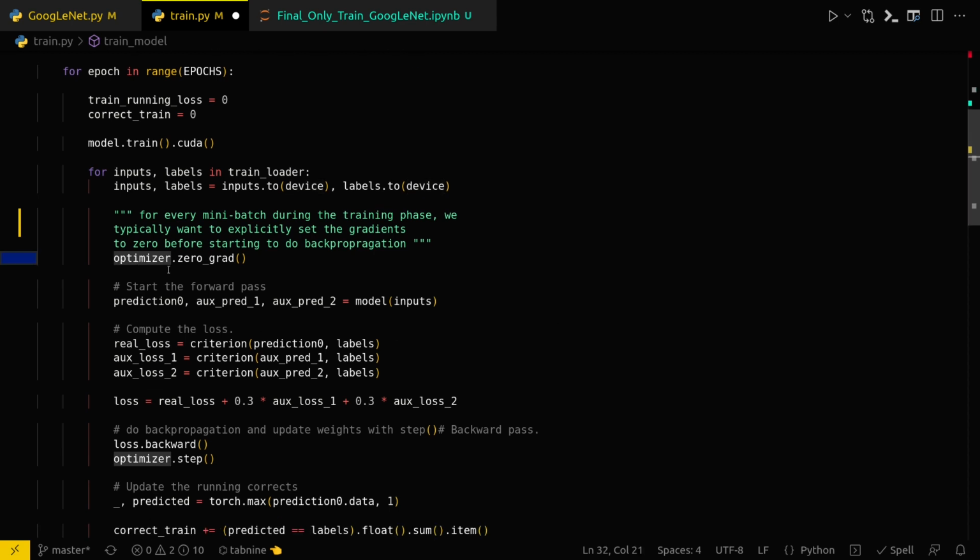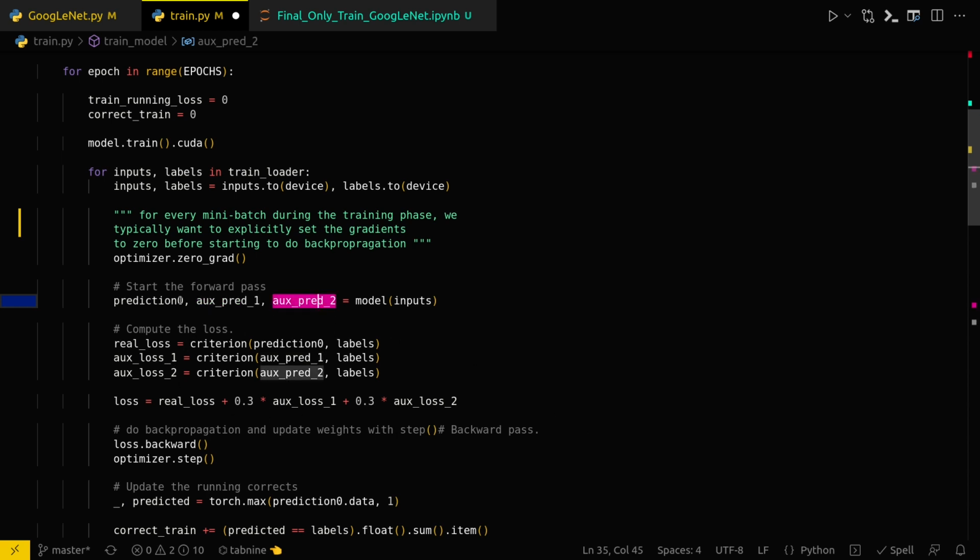First, optimizer.zero_grad, because for every mini batch during the training phase, we typically want to explicitly set the gradients to 0 before starting to do the backpropagation. And this line is where the model is invoked, and to the model I'm giving the inputs to get my three tensors containing the predictions, which will have my real predictions inside it, and then the auxiliary class 1 predictions and auxiliary class 2 predictions.